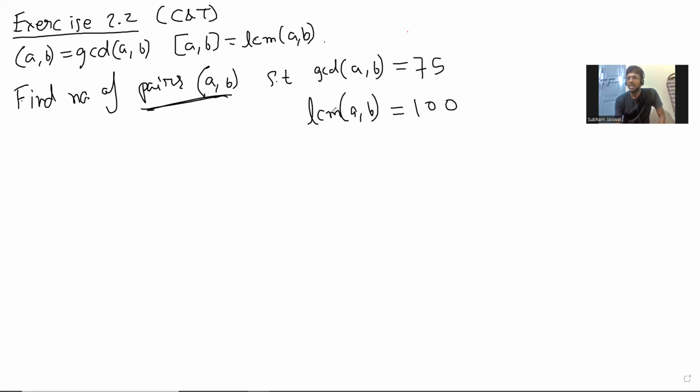The GCD has to divide the LCM. That's what we have been talking about since the beginning. So it's obviously not possible, so we have to change the number. These are the things you have to wake up and quickly catch.